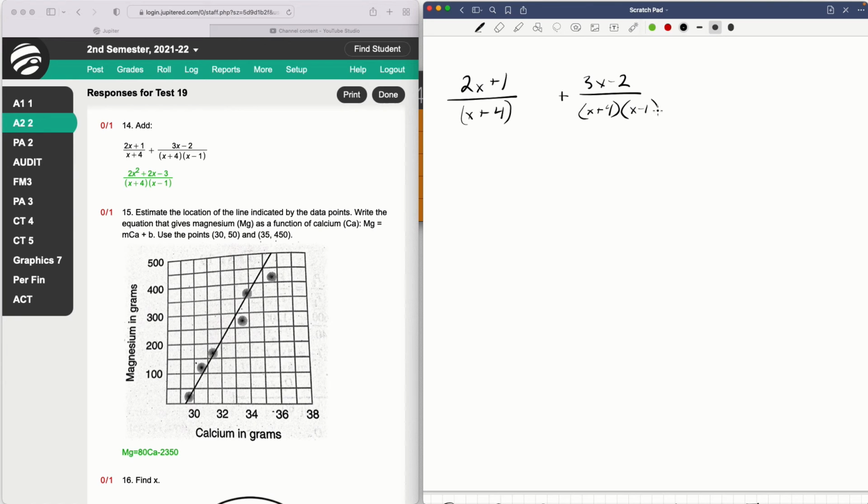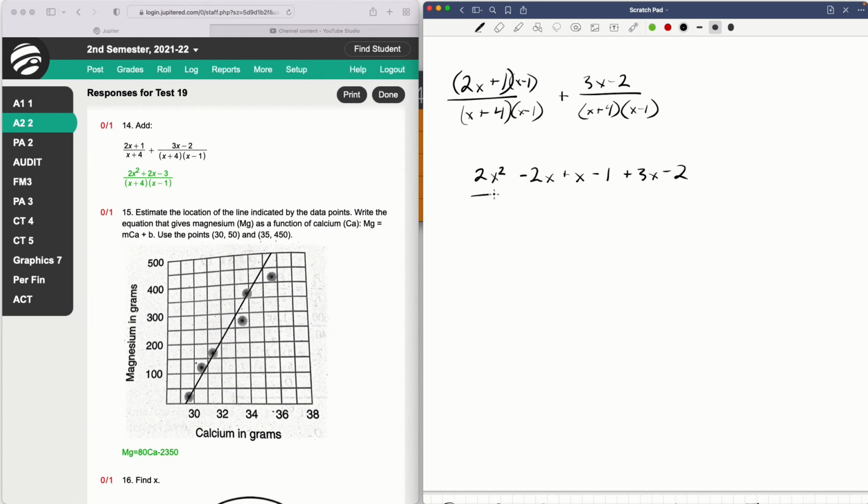Now that they have the same denominator, we can write it all together. So that's going to be, in parentheses, the whole thing: 2x squared minus 2x plus x minus 1 plus 3x minus 2, all over x plus 4 times x minus 1.